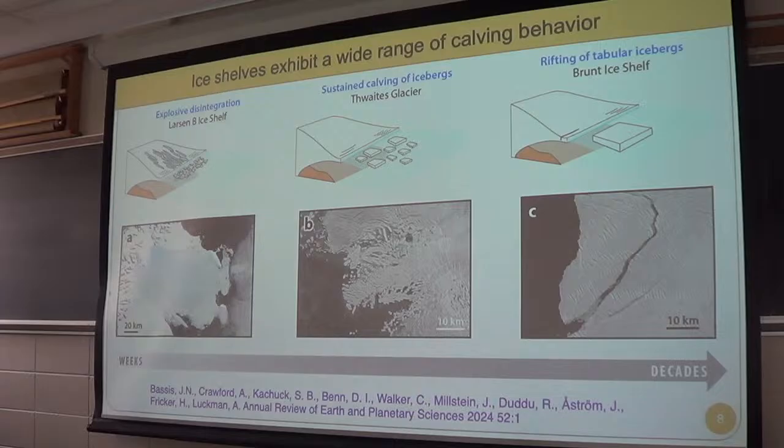Okay, so big picture now. Let me come down a bit more to the fracture side. I'm a civil engineer who studies fracture in materials, and I was intrigued by how widely different calving behaviors are across different ice shelves. If you took, for example, the Larsen B ice shelf, in the Antarctic Peninsula, then in 2002 to 2003 it went through a very fast disintegration process that's termed explosive disintegration in a review paper that Jeremy Bassis wrote, and I was a contributor to it.